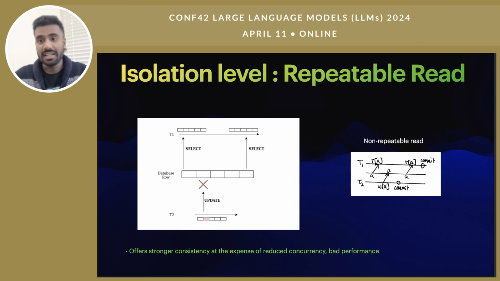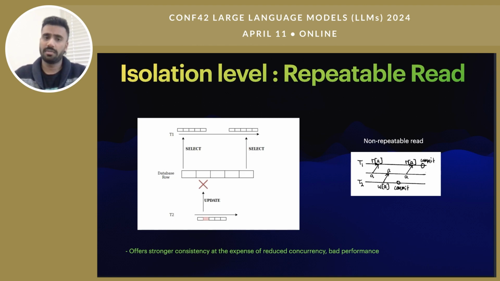If T1 rereads the same data, it will retrieve a different value, right? So you're not rereading the same value, but a different value after T2 has written and committed the data. Read committed doesn't guarantee that you read the same data within the same transaction flow, like read and read, right?